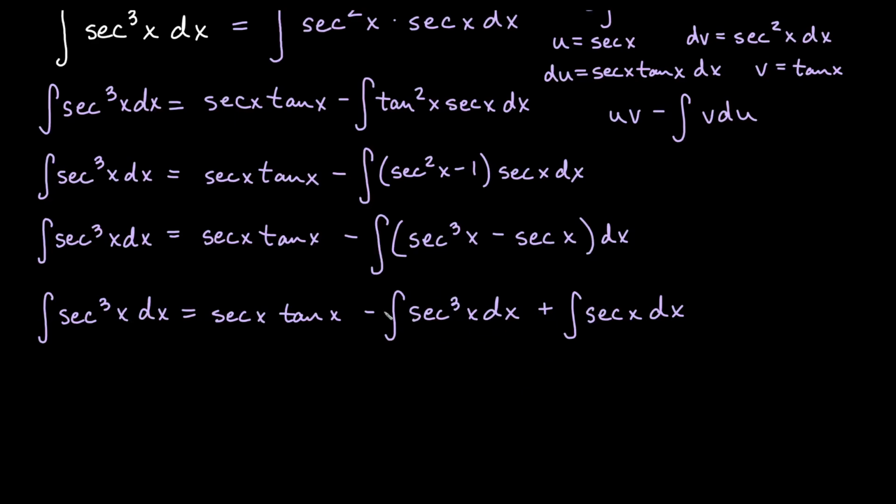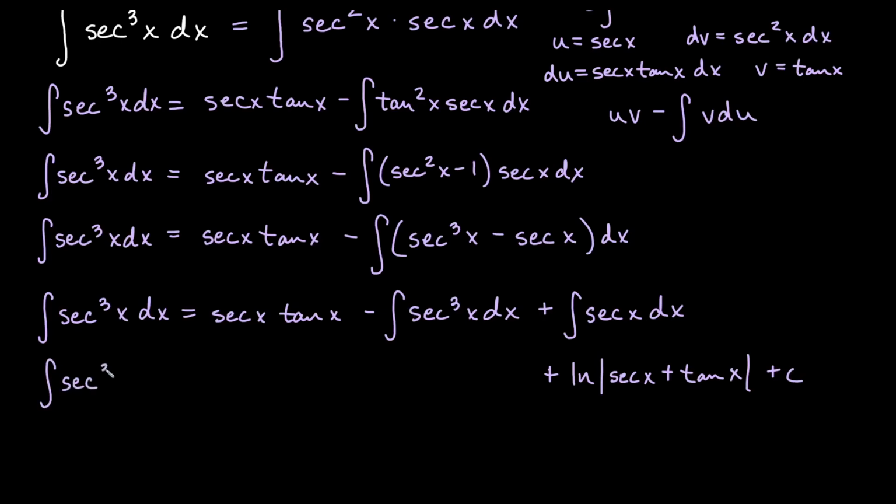This last one is a definition that you might know. The antiderivative of secant x is ln of secant x plus tangent x, and we will get a plus c on the end there.